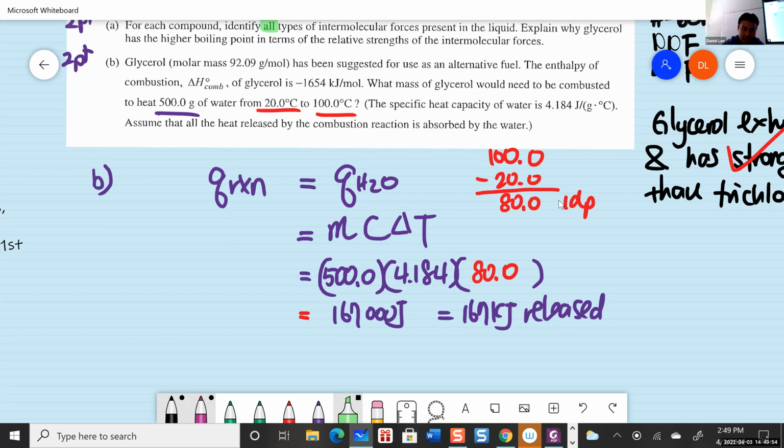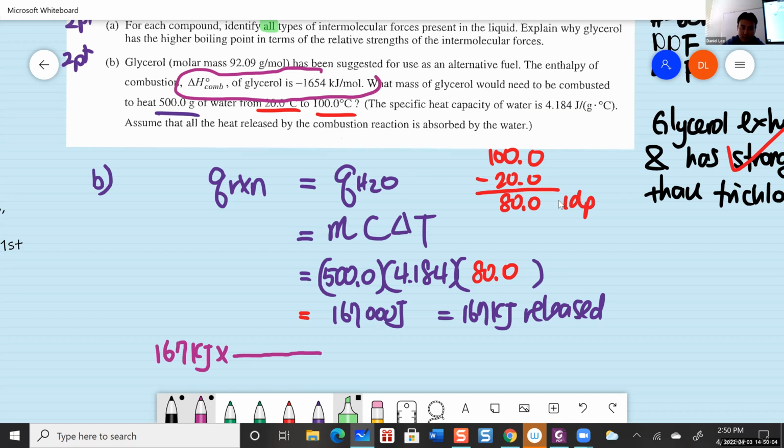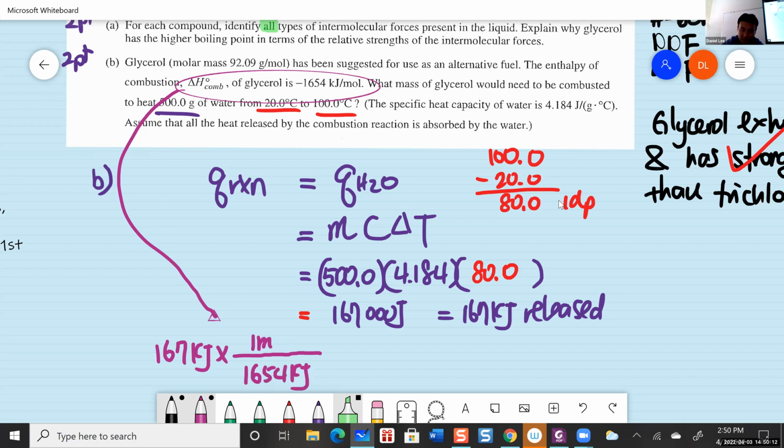If you want 167 kilojoules from glycerol, and glycerol has 1654 kilojoules per mole, that's what you have to use right here. 1,654 kilojoules requires 1 mole of glycerol. That will give you how many moles of glycerol you must burn to produce 167 kilojoules.